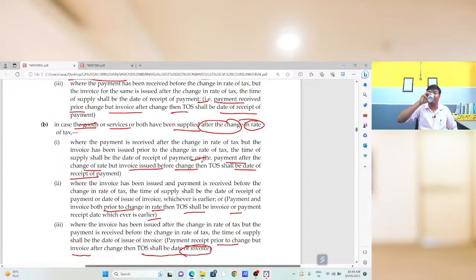I am expecting reply from each and everyone. Sir, I am waiting for your reply. Is that okay? This concept is okay for everyone?